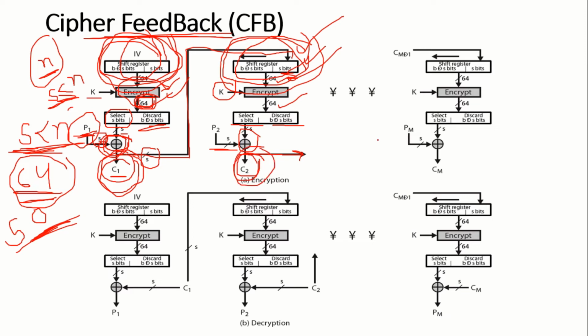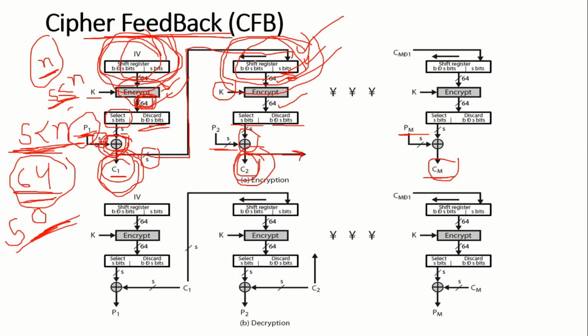Then we'll be encrypting it with the key K, and again we'll be selecting s bits and XORing it with the third block of the plain text, which is P3. This process goes on until you reach the last plain text block, which is PM. At last we get the CM over here, which is the last cipher block. This is how this encryption process goes on.